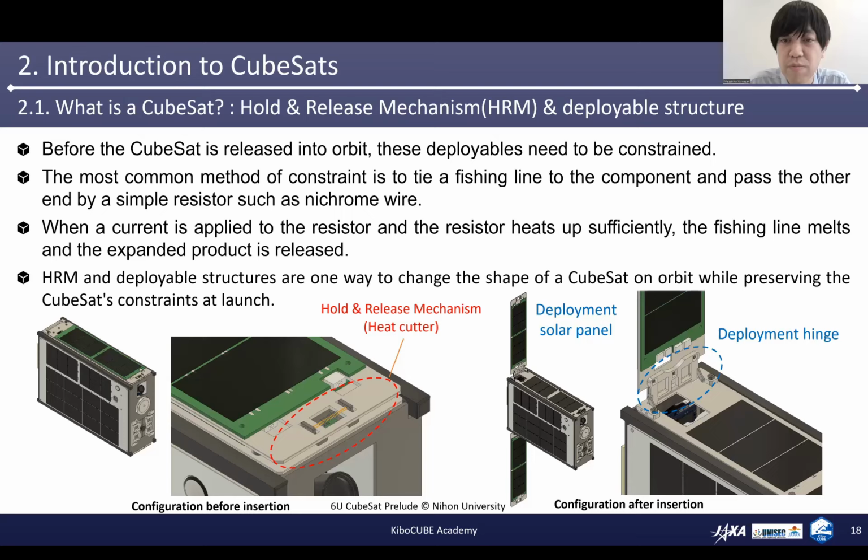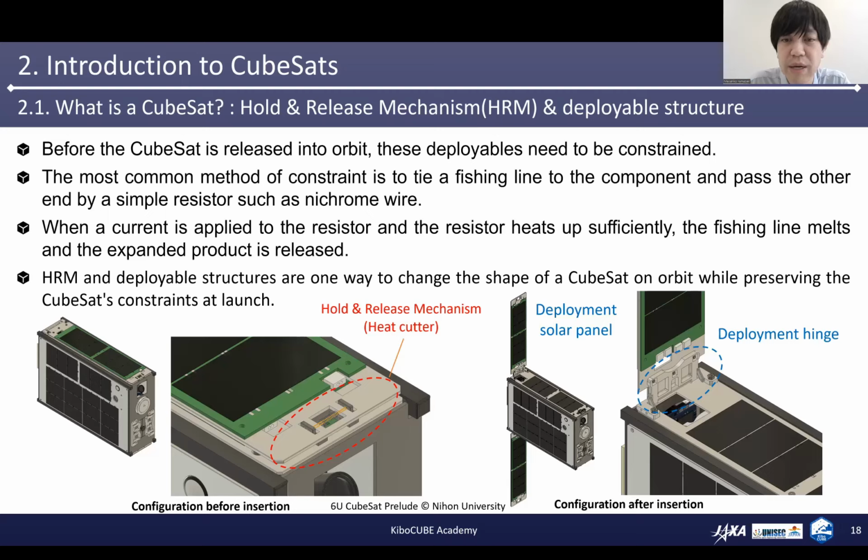The most common method of constraint is to tie a fishing line to the component and pass the other end by a simple resistor such as nickel wire. When a current is applied to the resistor and the resistor heats up sufficiently, the fishing line melts and the deployable structure is released.